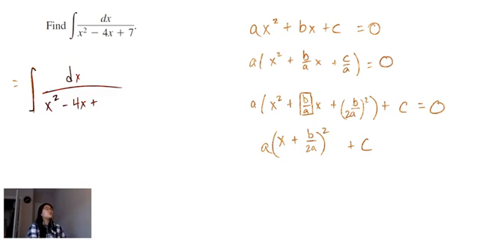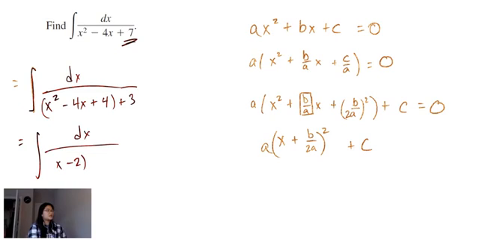We got what, 2? 2 squared is 4. And then plus, well, we want the plus 7, and we have a plus 4, so we do a plus 3 tacked on at the end, because 4 plus 3 is 7. Okay. So then we have what? Dx over x minus 2 quantity squared plus 3.